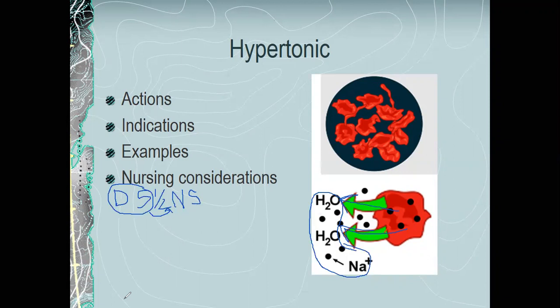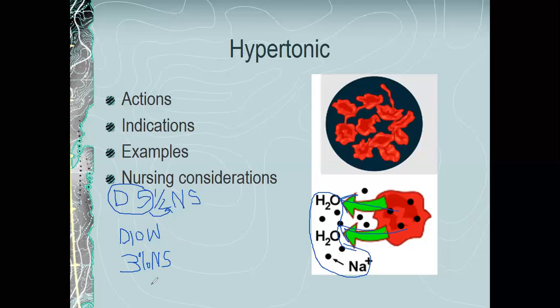So D5 half normal saline, D5 normal saline, D10, 10% dextrose in water, or 3% normal saline. 3% normal saline is going to also be hypertonic, because it is higher in concentration than that normal saline. If it's got anything added over your isotonic solutions, that's going to push it into that hypertonic area.